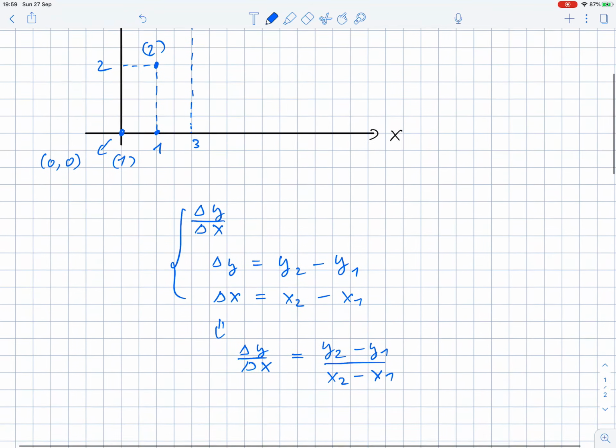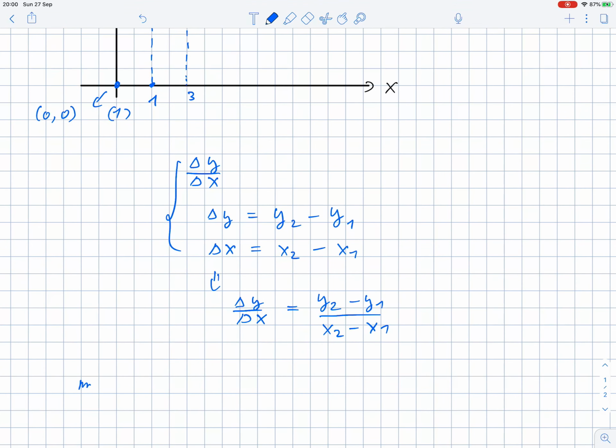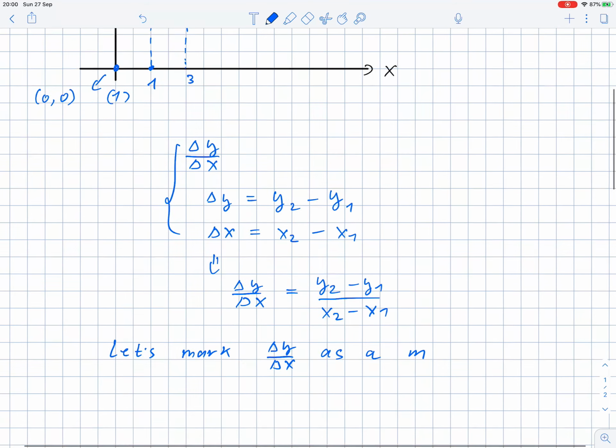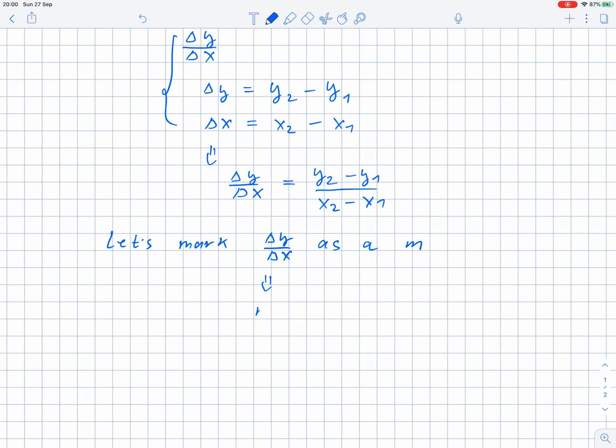Let's mark this expression. Let's mark delta y over delta x as the m parameter, which means that m equals delta y over delta x.